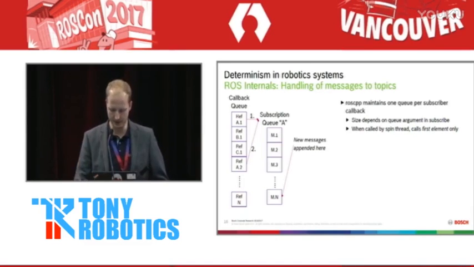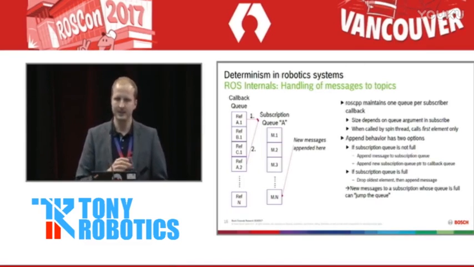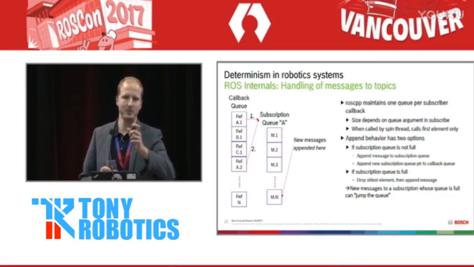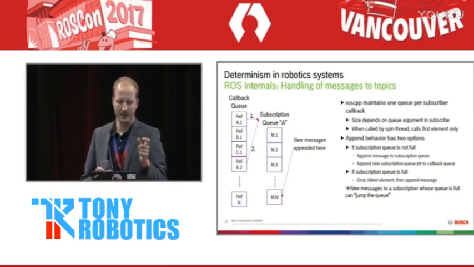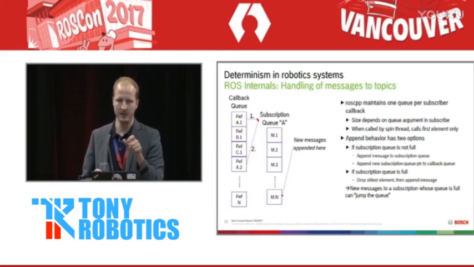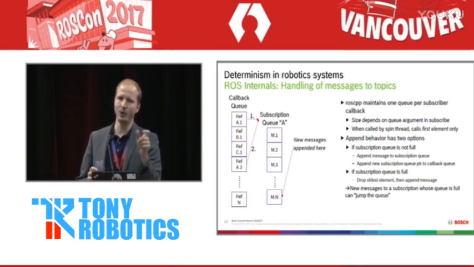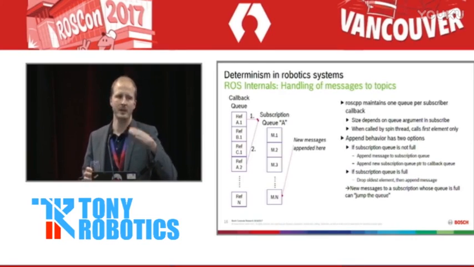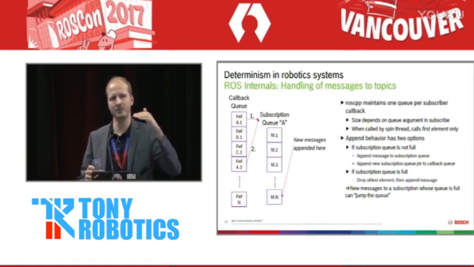And one thing you should notice is that the subscription queue can be limited, right? If you have an item sitting in the callback queue waiting to be processed, and the subscription queue is full, and you have another message coming in, it will kick out the oldest object in the queue and put the new item at the end. But it won't add a new entry into the callback queue.